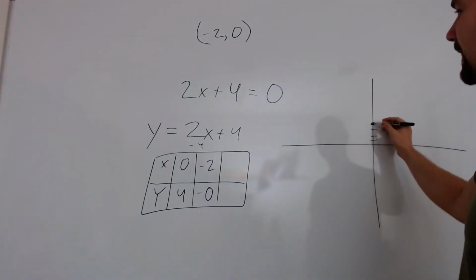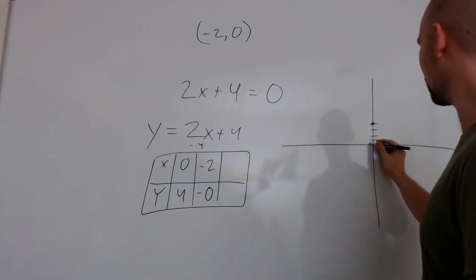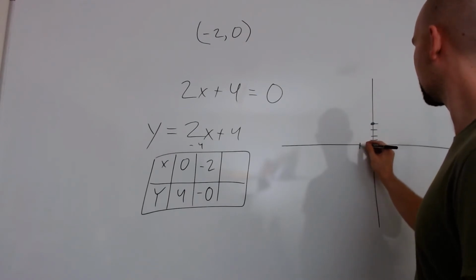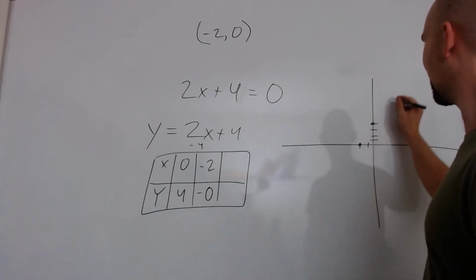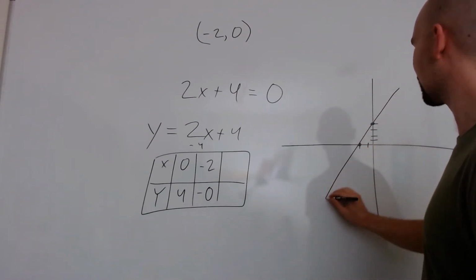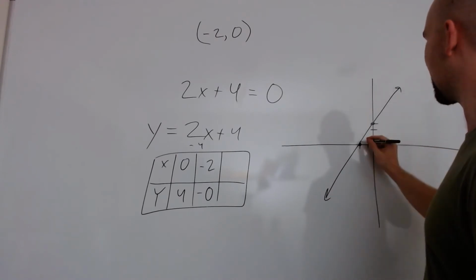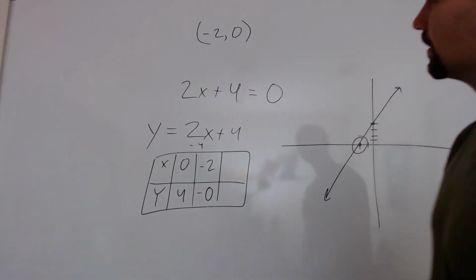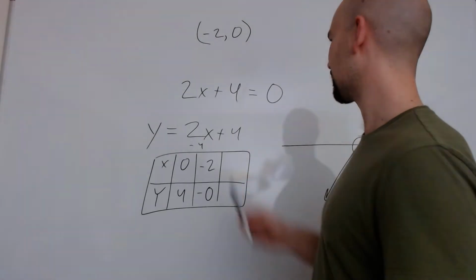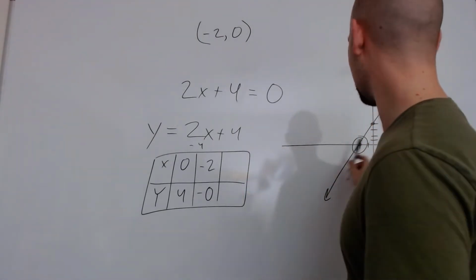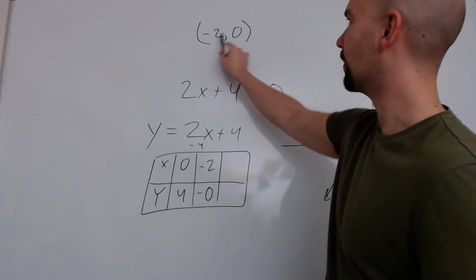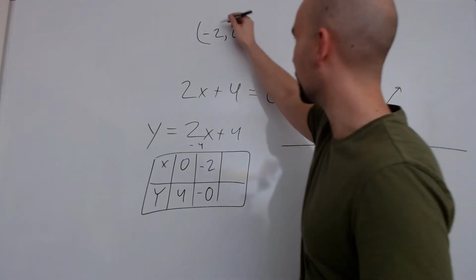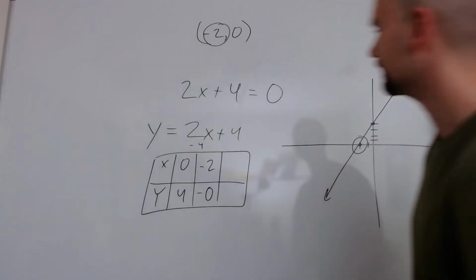So that gives me then the coordinate -2, 0. And I could create a line out of this equation, but my answer to my original equation, 2x plus 4 equals 0, is not the y value of 0. It's actually just going to be the answer is -2.